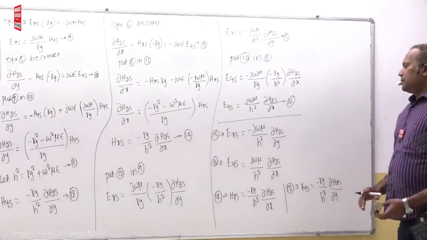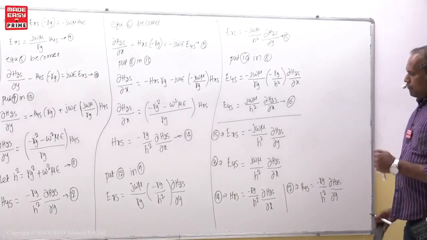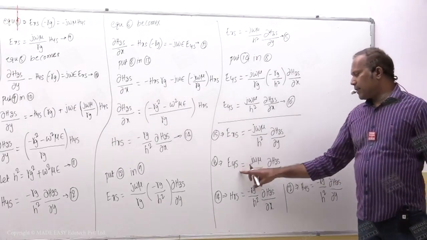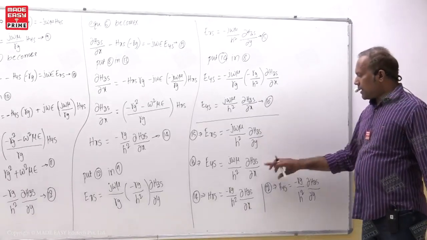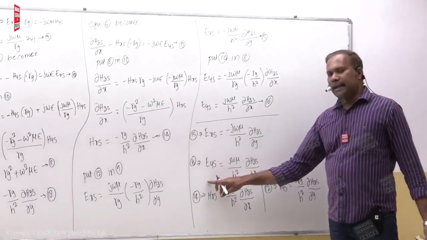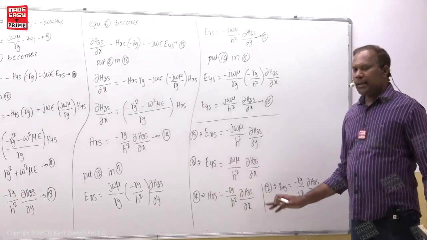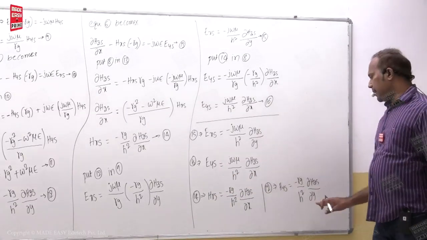So there are four field quantities, Ex, Ey, Hx, Hy. They are represented in terms of Hz. Anyway, Ez is 0, and Hz is the main component.